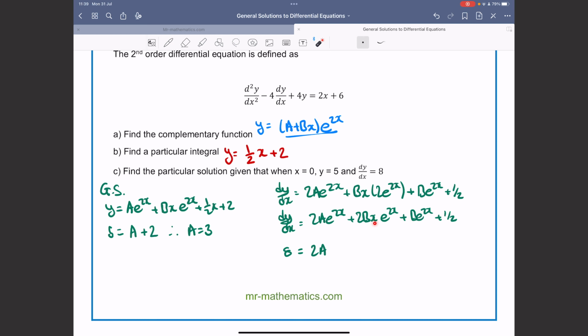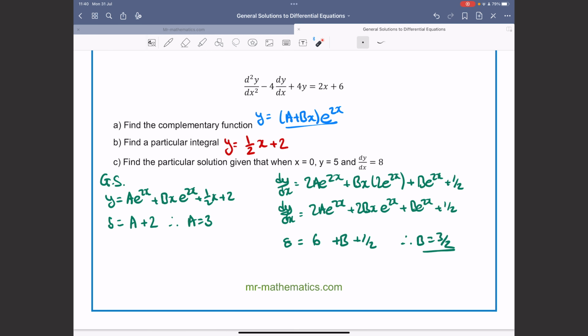If x is 0, all of this is cancelled. This becomes b times 1, so plus b. And we can add this half. And we know that a is equal to 3, so we can put that as 6. So therefore, b will equal 3/2.